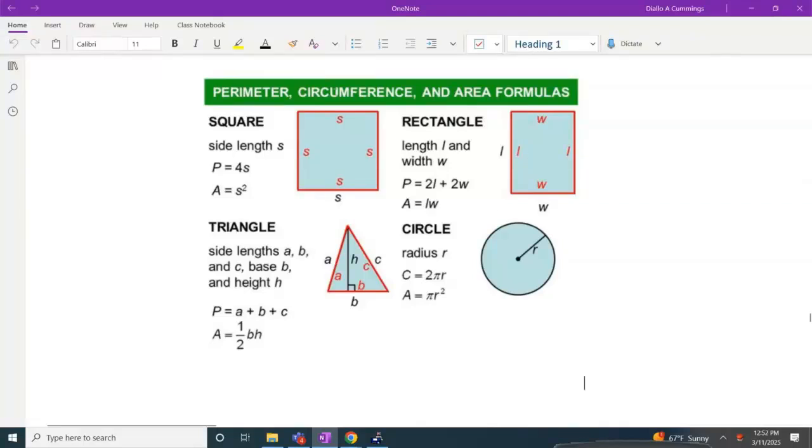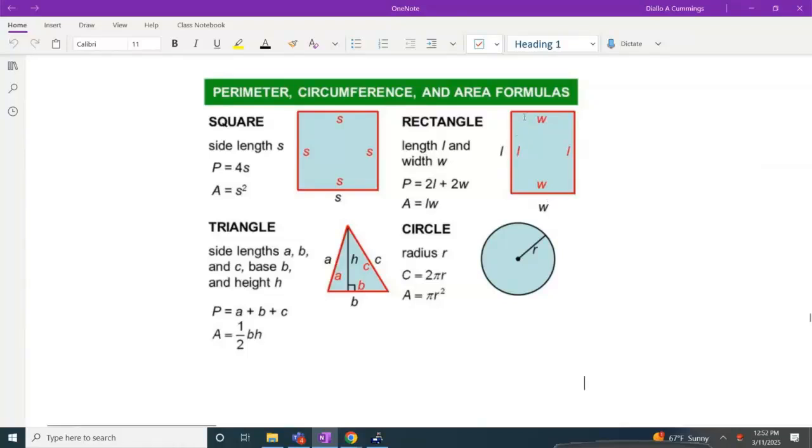We can also find the perimeter of a rectangle. For a rectangle, the opposite sides are parallel and congruent. So in order to find the perimeter of a rectangle, you will simply add your 4 sides, right?